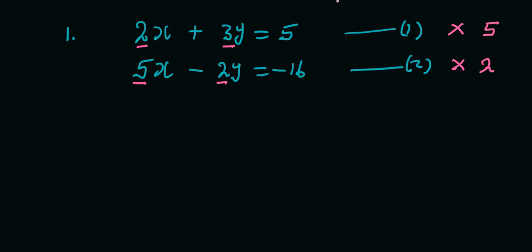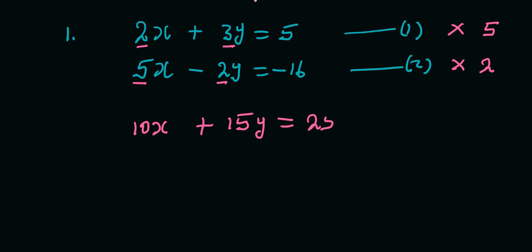So now let's go on with multiplying the whole of equation 1 by 5. If we multiply the whole of equation 1 by 5, we're going to have 5 times 2x, that's going to give us 10x, and 5 times 3y is going to give us 15y, equal to 5 times 5, which is 25.